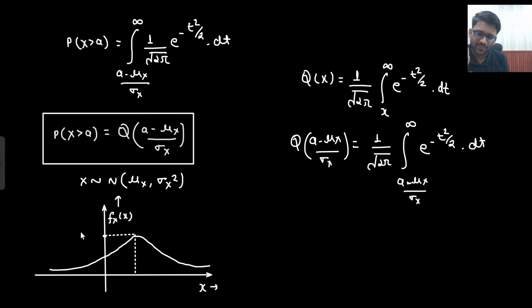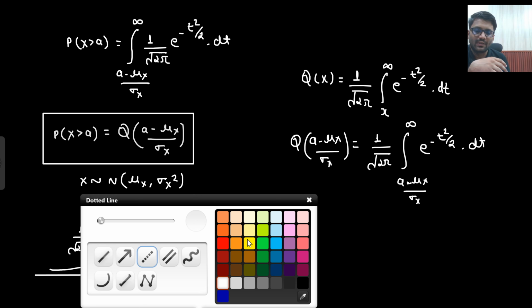Okay, so this point is 1 by under root 2 pi sigma x square. This point is mu x. All good. This point is mu x and this is the amplitude. This is the random variable x taking value.